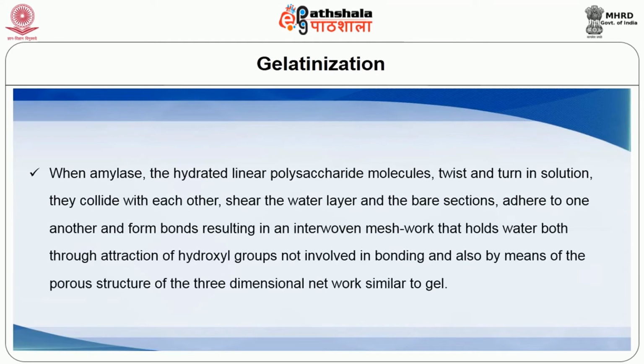When amylose, the hydrated linear polysaccharide molecules, twist and turn in solution, they collide with each other and shear the water layer and adhere to one another and form bonds, resulting in an interwoven meshwork that holds water both through attraction of hydroxyl groups not involved in bonding, and also by means of the porous structure of the three-dimensional network, similar to a gel.